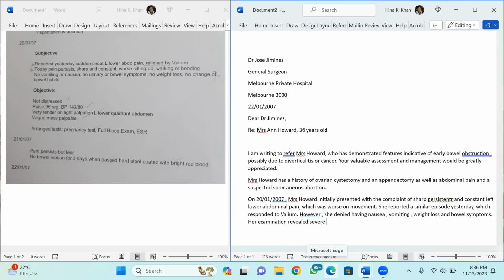It was severe tenderness, where it was in the left lower quadrant, or you can write the left lower abdomen also, in the left lower abdomen. And what? And a palpable mass. Full stop.